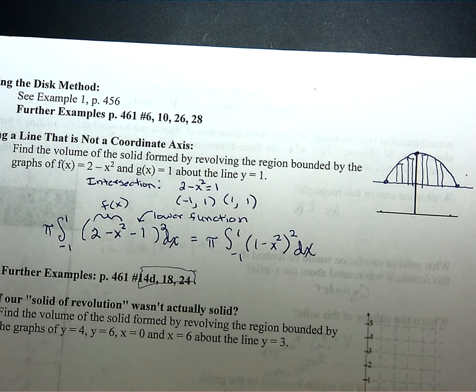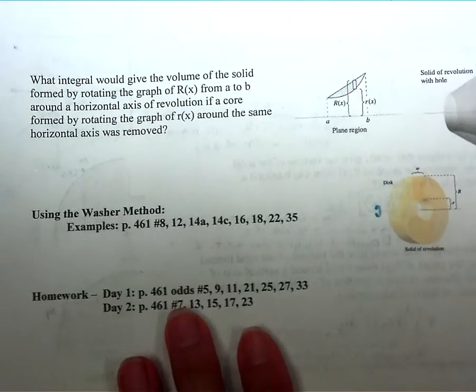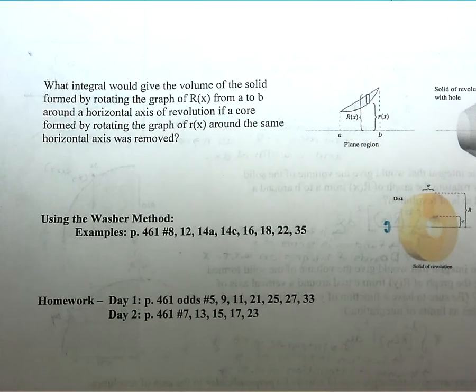If my lathe is moving from bottom to top, I need to integrate right minus left. Positive minus negative, right minus left. Look at some more examples in the book since I didn't get to do those 3, but go ahead and try that day 1 homework. And if you need to see one of them tomorrow, we'll do it.